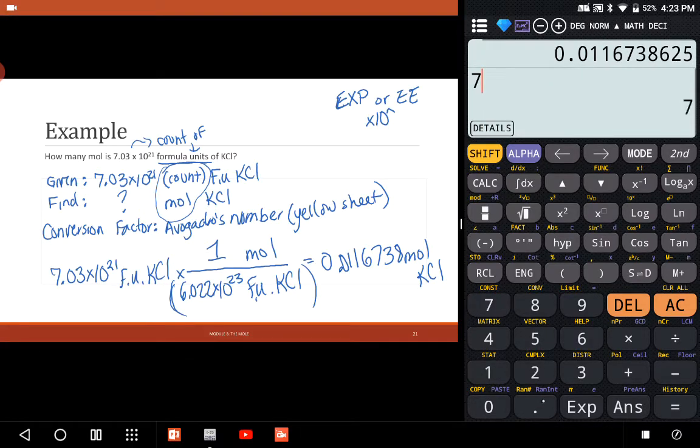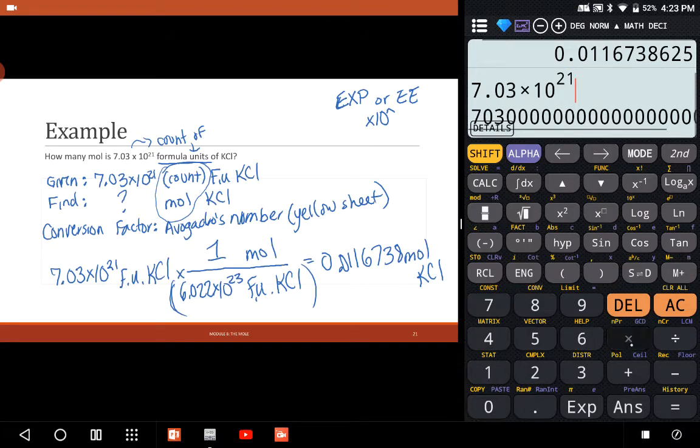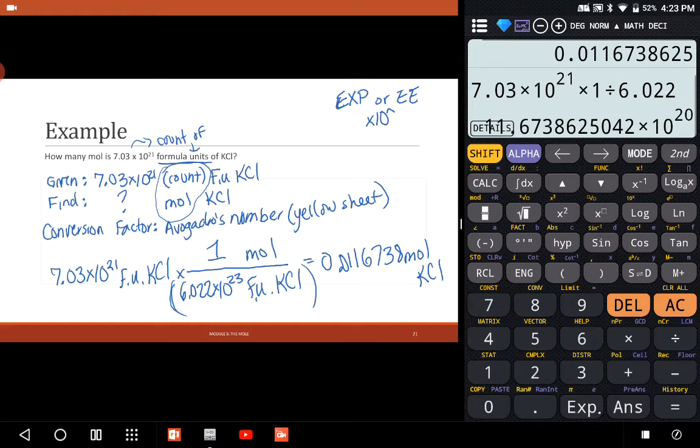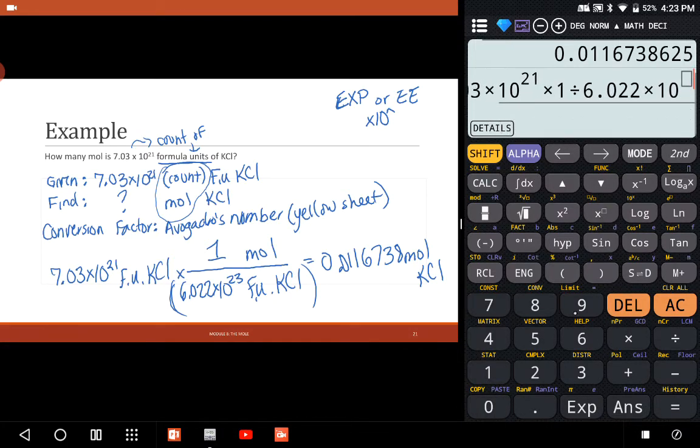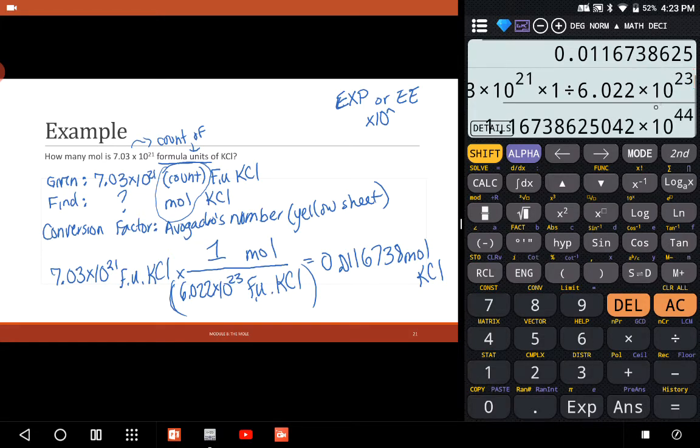So for instance, if you typed in 7.03 times 10 to the 21st power, and then you did times 1 divided by 6.022 times 10 to the 23rd power, your calculator wouldn't know that this times 10 to the 23rd is in the denominator, and so you get this big exponent.